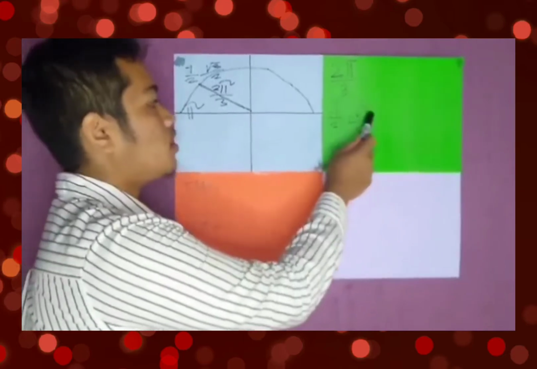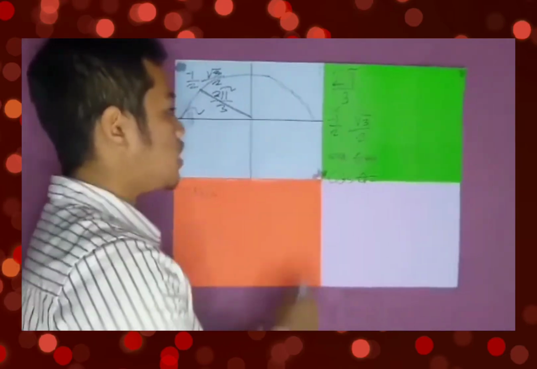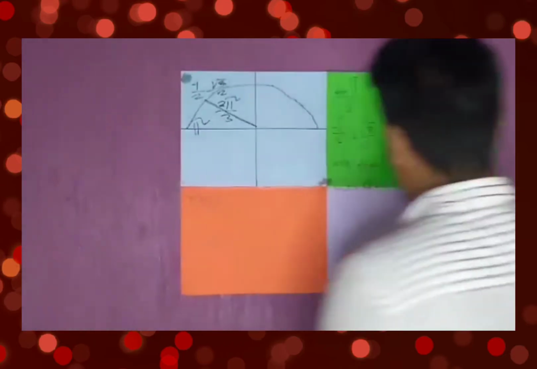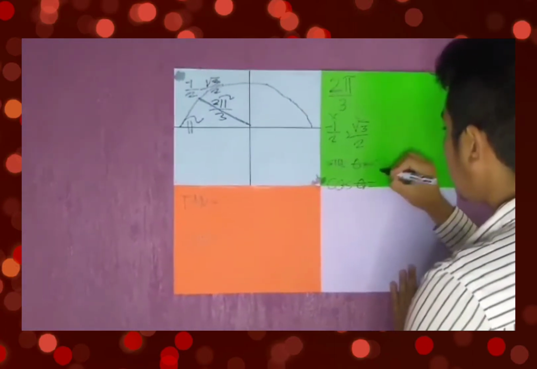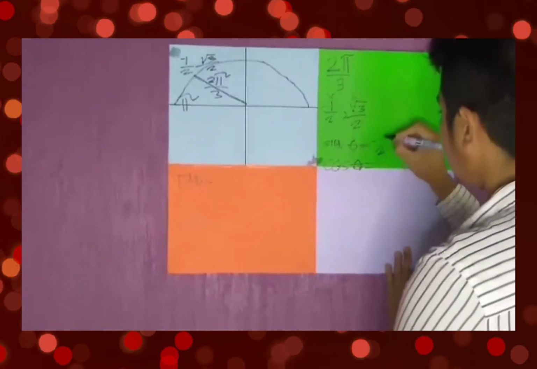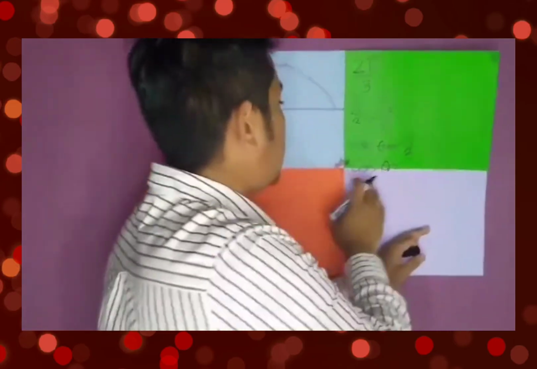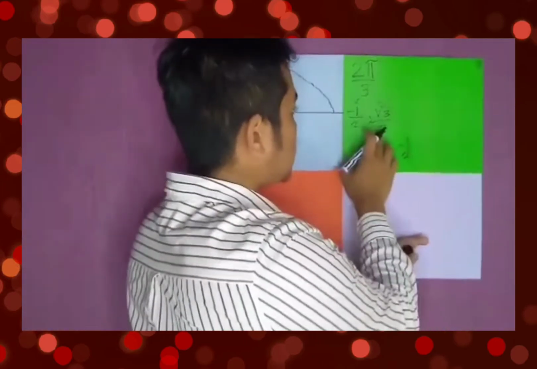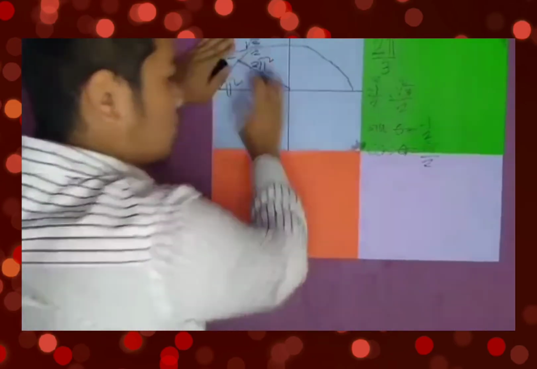So x and y, cosine and sine. So the sine value is equal to square root of 3 over 2, then the cosine value is negative 1 over 2.